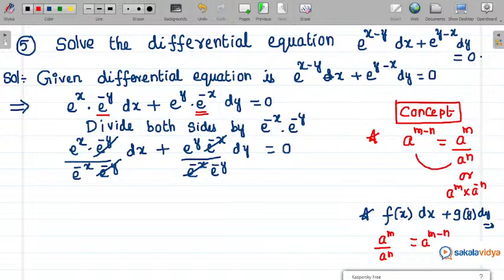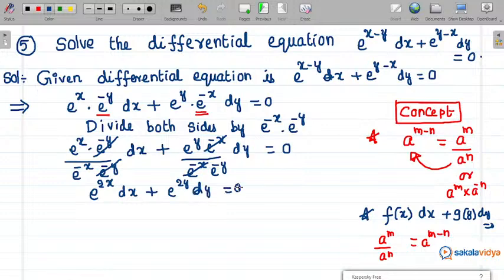So e power x by e power minus x means e power x minus of minus x, x plus x, it becomes e power 2x dx. Similarly, this becomes e power 2y dy is equal to 0.